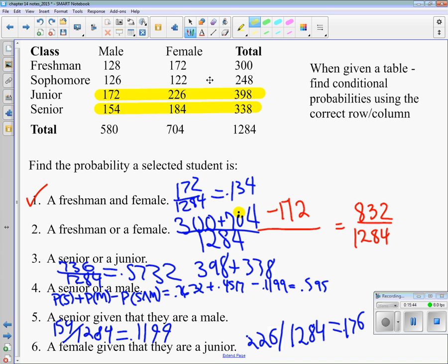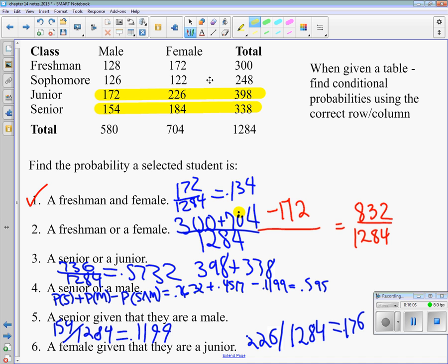Do they overlap? Is there any intersection or anything that's counted twice here? There's nothing to subtract. Would you agree? So this one is actually correct. Number 3 is correct. There is nothing to subtract off. You just have to add the 398 and the 338. You're good. Only when the contingency table does this do you have to subtract it off. Okay? With the word or.